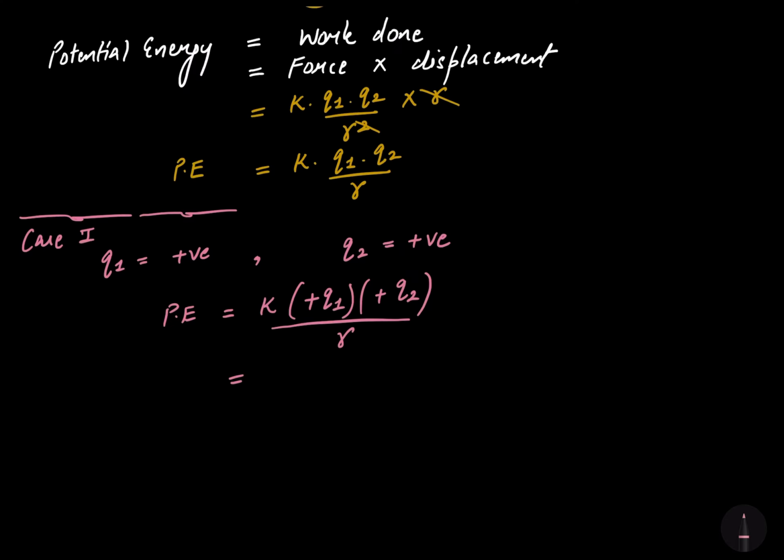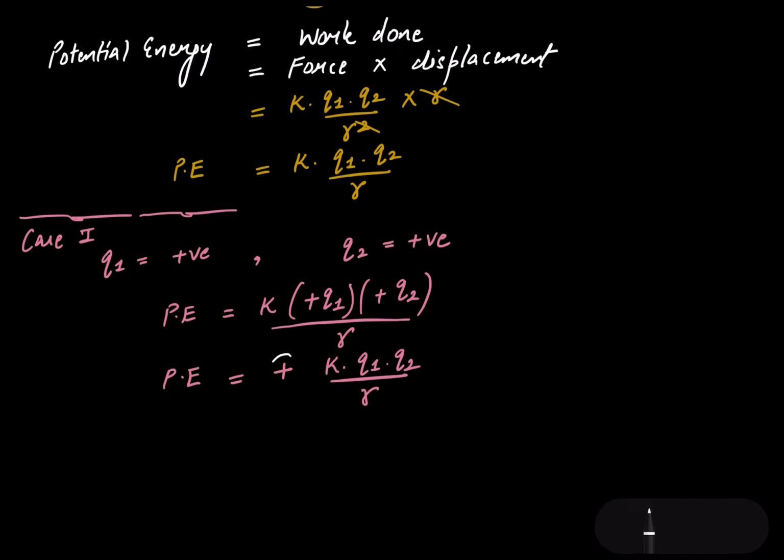So it comes out to be positive K Q1 Q2 by small r. In these cases, I am considering the signs of the charges Q1 and Q2. In my first case, I have taken Q1 positive and Q2 also positive, so my potential energy comes out to be positive. And whenever potential energy comes out to be positive, that's the case of repulsive forces.